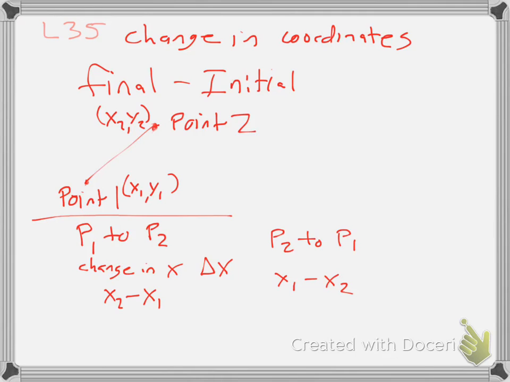The same thing applies for the y's. That'd be y2 minus y1, and y1 minus y2. So the same thing applies if I want to talk about the change in y's.